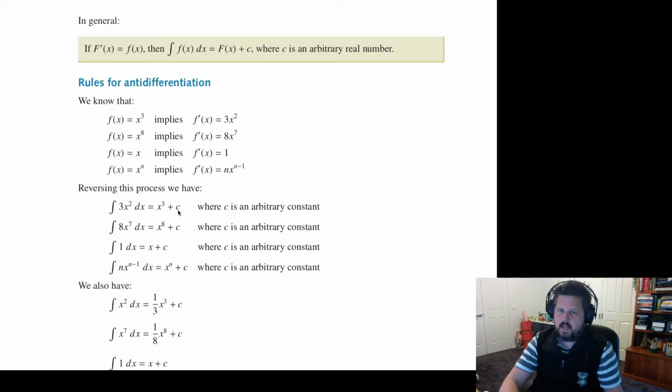We need to get in the habit of putting on this plus c. Later on down the track, if we're given more information, we can find out what c is, but when you're just finding the general rule, we just leave it as plus c. Again, you can see how each of these is going to work out the antiderivative going back this way. Notice they've all got that plus c on there.